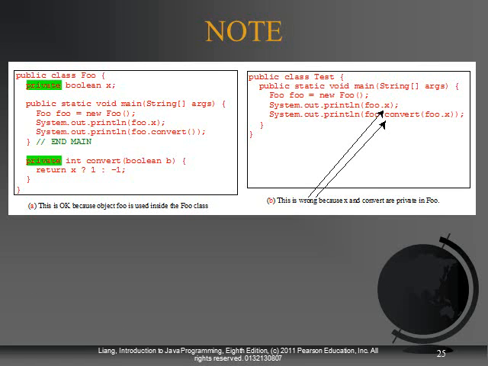Now, panel A shows that a class can access its own private variables and methods, but as panel B shows, outside of the class, even though we have instantiated a foo object, we cannot access private variables and methods. So why private? Business rules can be implemented in the setters.